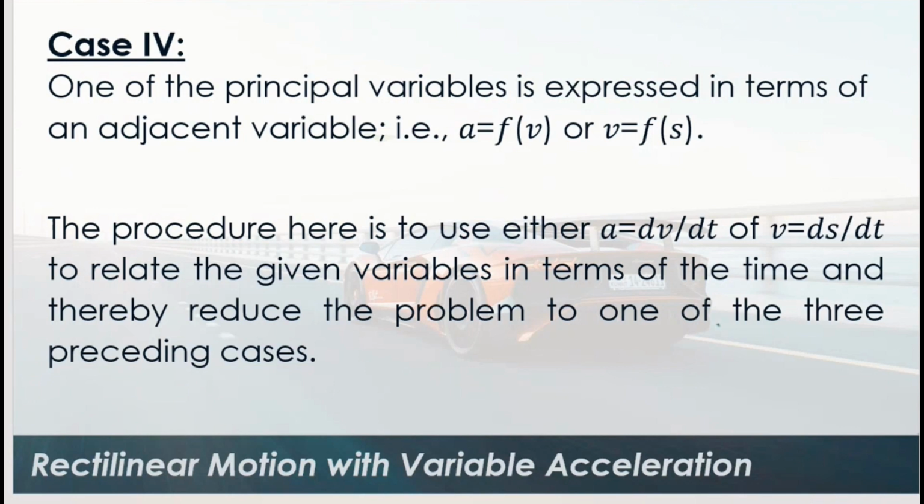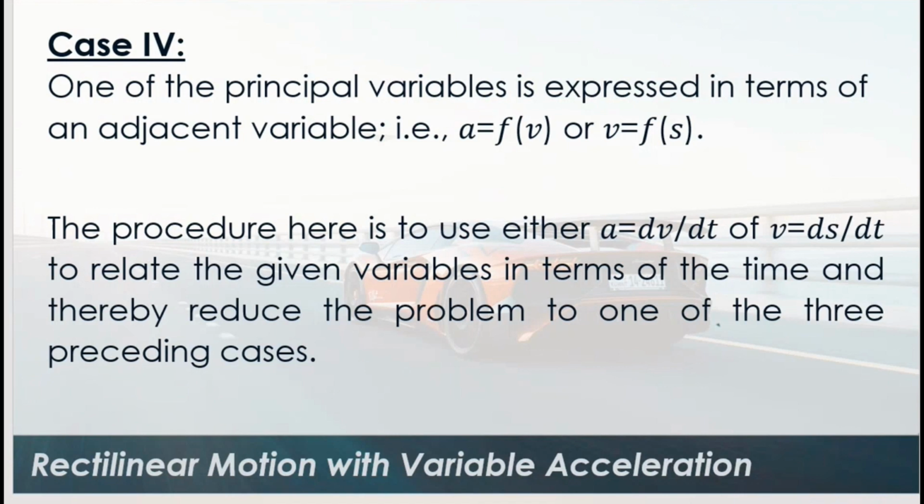So we're going to use cases 1 to 3 in solving case 4. It's a combination of 3 cases working hand in hand with the equation. So either you integrate or differentiate, or substitute the exact value given in the problem, or however the problem was presented to you.